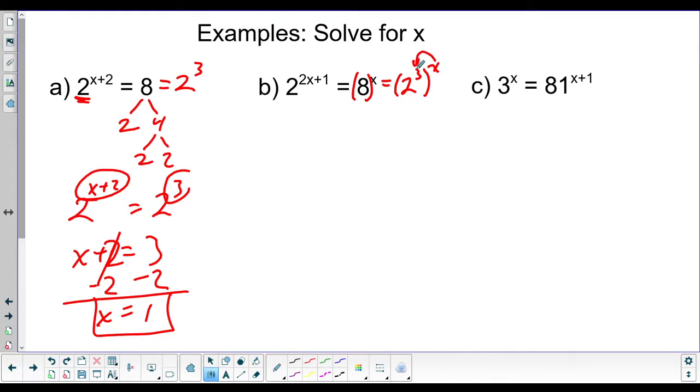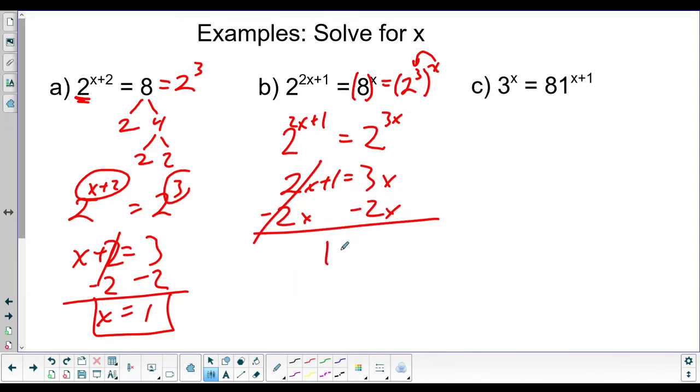So x times 3 is going to be 2 to the 3x power. And now we're good to go. So 2x plus 1 equals 3x. Then we're going to subtract 2x to get it over here with the 3x.